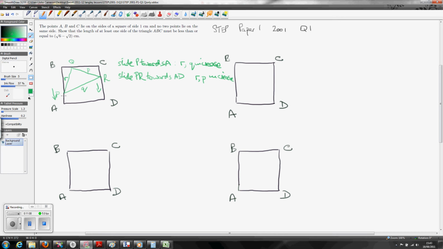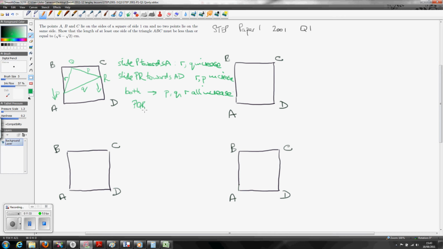So I'm sliding PR towards the line AD, and that means that r and p increase. And let's suppose I do, there's a little bit of space here, so let's suppose I do a little bit of both of those. If I do a little bit of both of those, then p, q, and r all increase. And what that means is that the triangle PQR was not optimal in the way that we described.